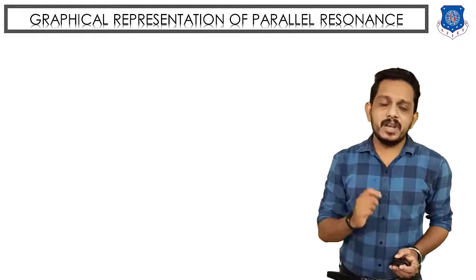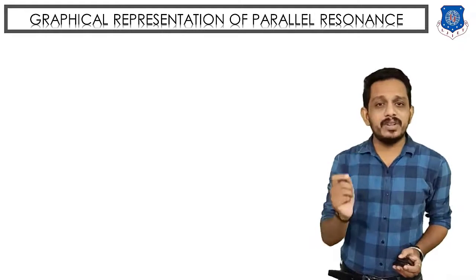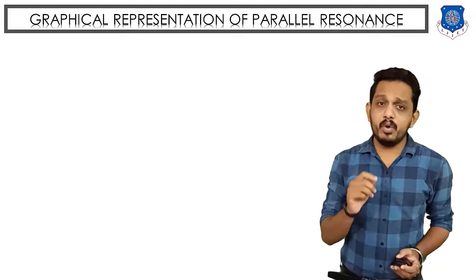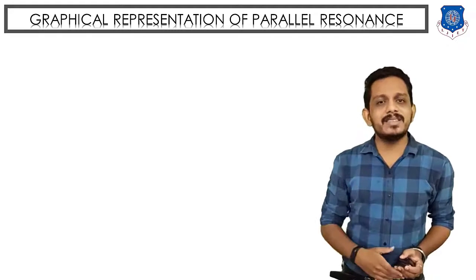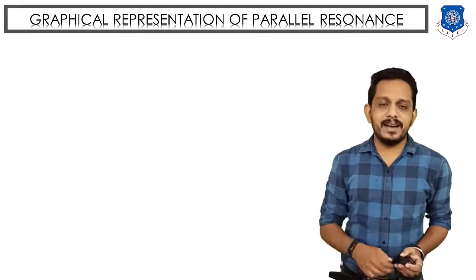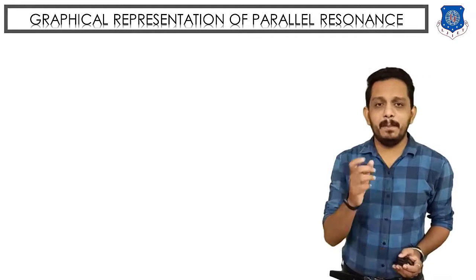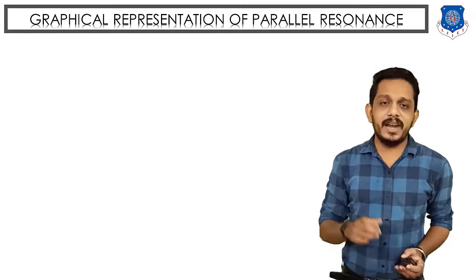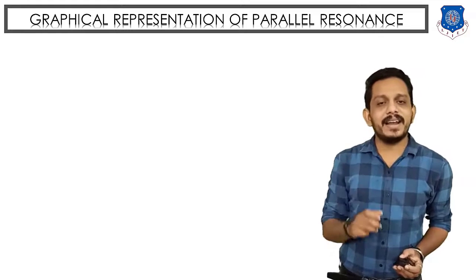So now let's draw the graph of resonance in a parallel circuit. But to draw the graph in a parallel circuit, we need to understand two terms. And those two terms are admittance and impedance. In the case of a series circuit, impedance can be directly added.